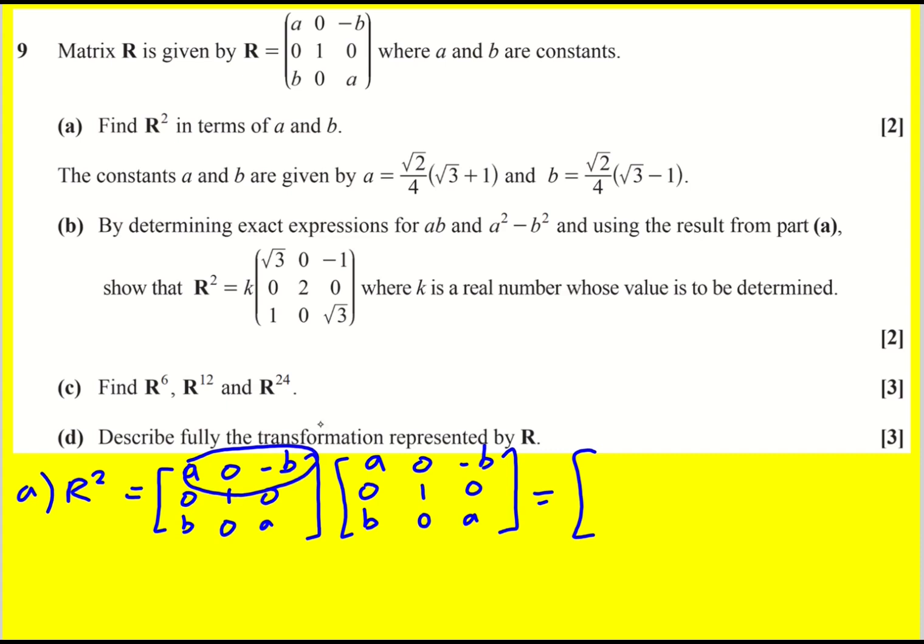So first up, we multiply first row by the first column, a squared minus b squared. Then first row by second column, that gives 0. Then first row by third column, minus ab plus 0 minus ab. So that's going to be minus 2ab.